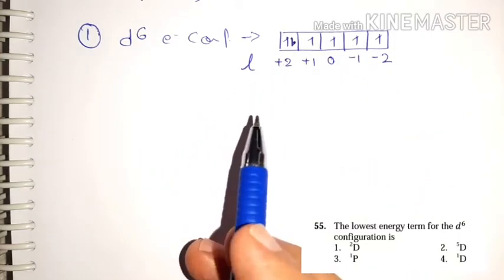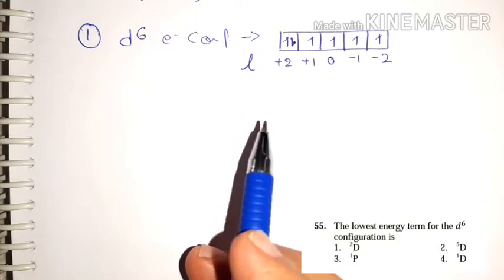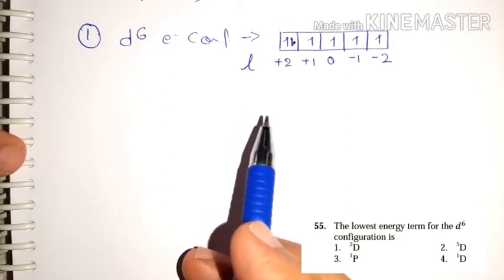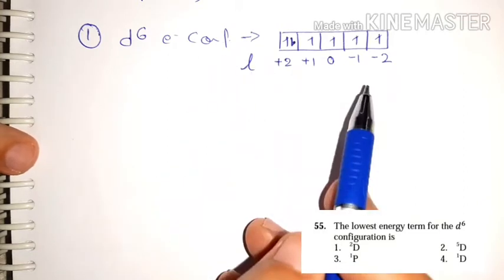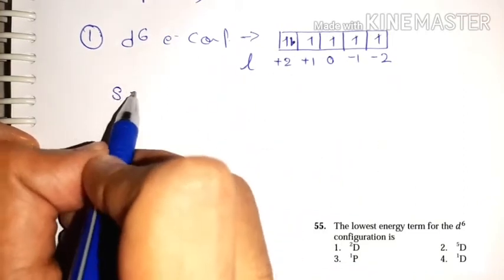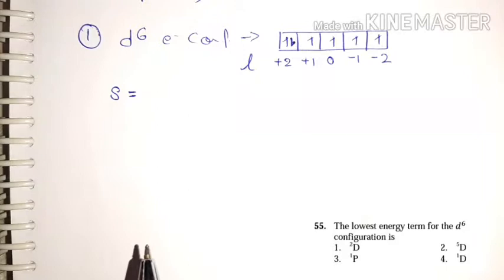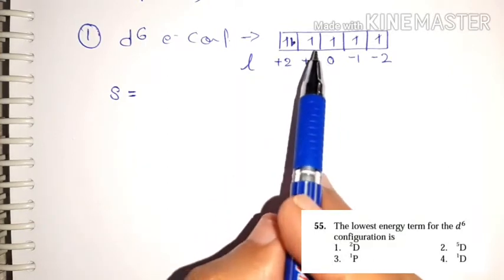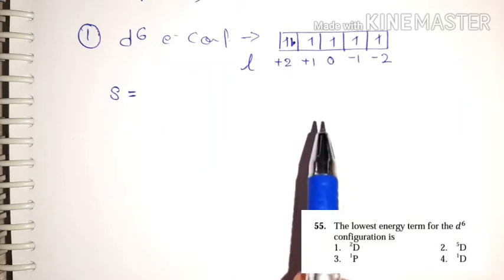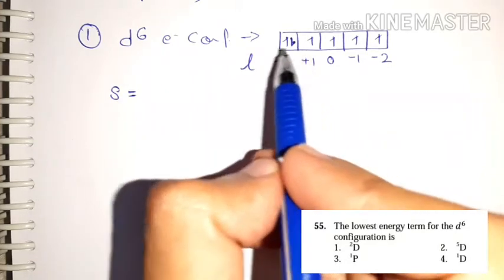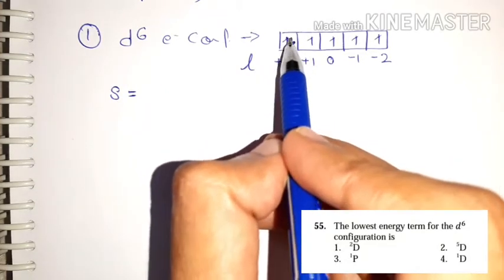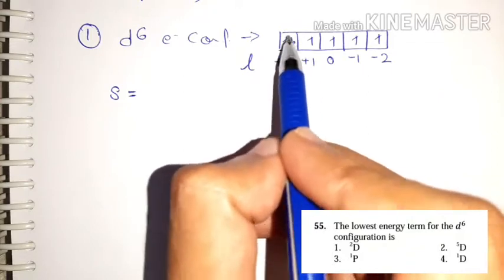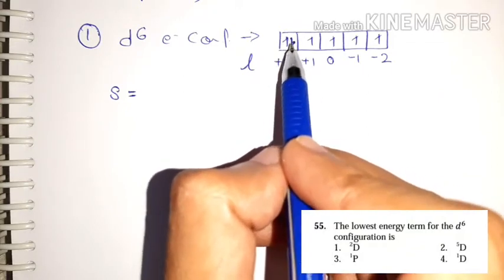Now when you talk about the spin multiplicity of this configuration, first of all you know that we calculate it only by the summation of spin of the unpaired electrons. Because the spin of the pair will be cancelled out, this is plus half and this is minus half.